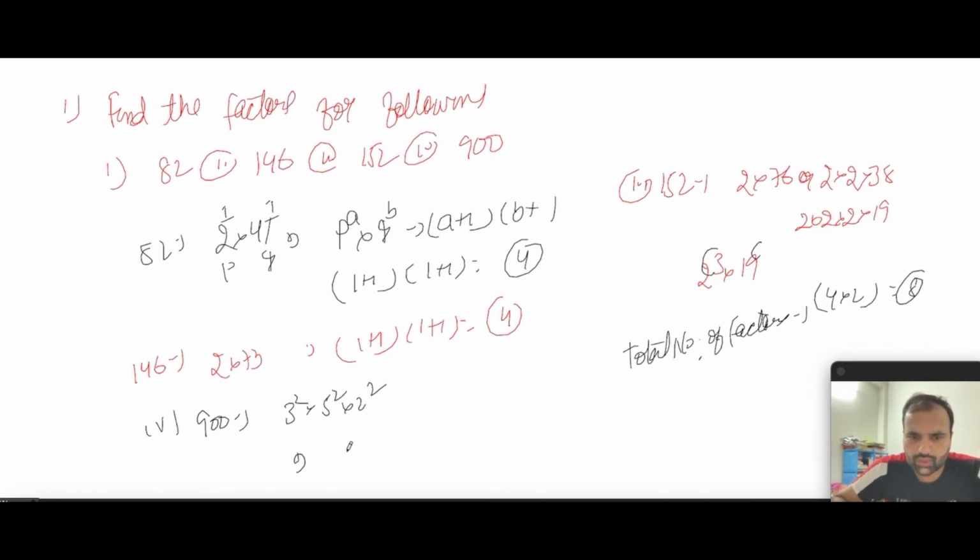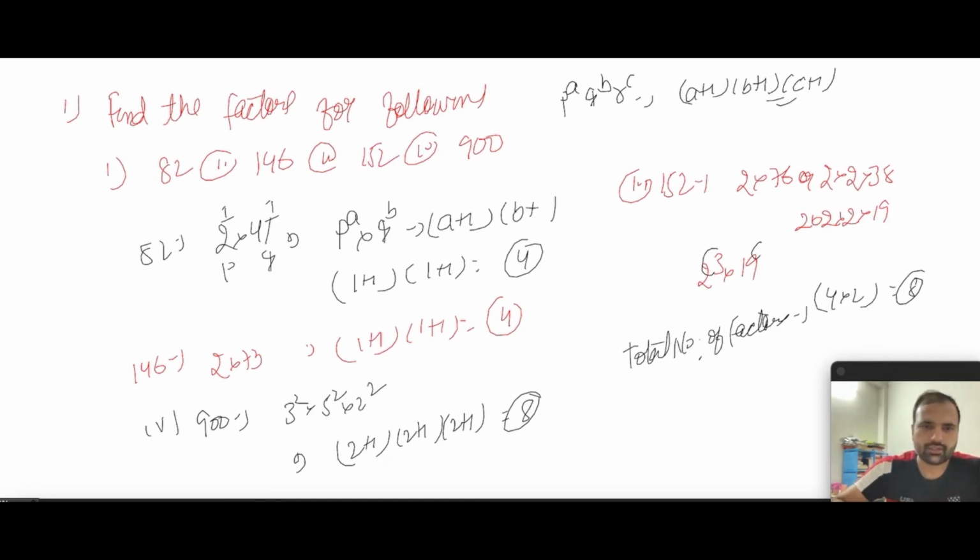So how much would it be? It would be 2 plus 1, 2 plus 1, 2 plus 1, equal to 27. Look over here. Any doubt? We have just used this form. If p has power a, q has power b, r has power c, then the total number of factors would be a plus 1, b plus 1, and c plus 1. That's simple. Very simple, isn't it?